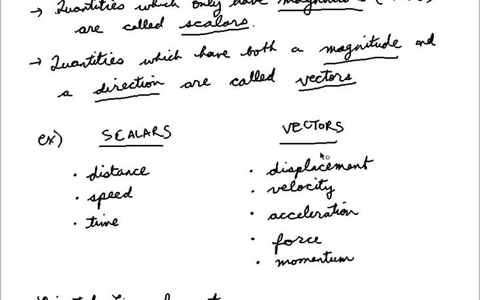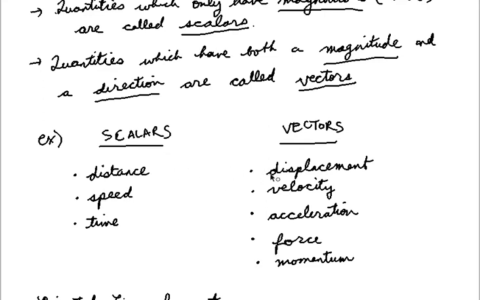But there are certain instances when we're interested in the direction as well, and so displacement would be a vector quantity. Displacement is defined as a distance plus a direction.